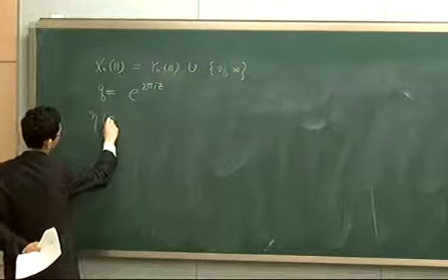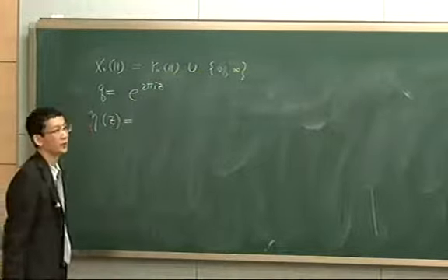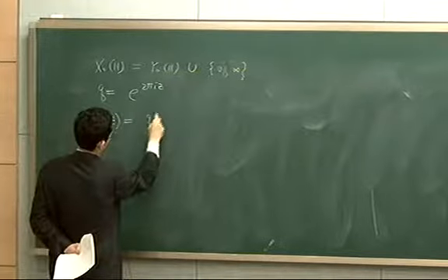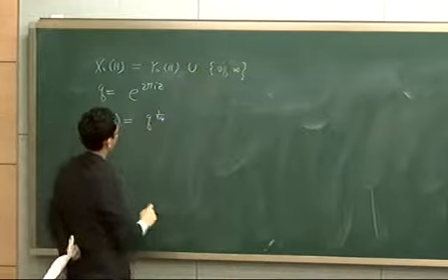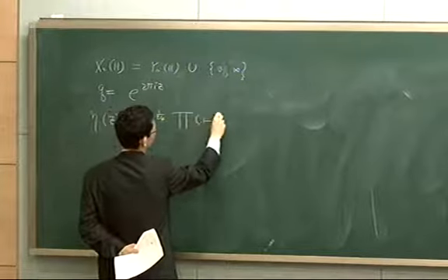Let me define the Dedekind eta function, which is given by an infinite product: q to the 1/24 times the product of (1 minus q^n).